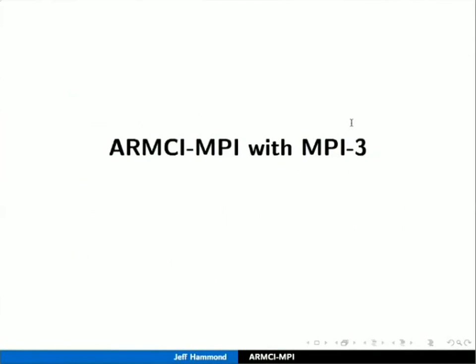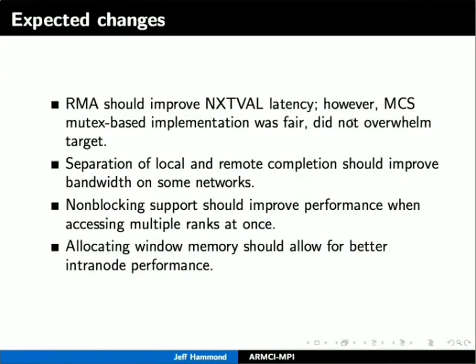So now we have, I apologize, the results are a little sparse just because in some cases, I couldn't do a direct comparison. And in fact, the MPI-2 and MPI-3 results are not always as different as one would imagine. We would have expected NXTVAL performance, which is where the atomics are used, to change dramatically.